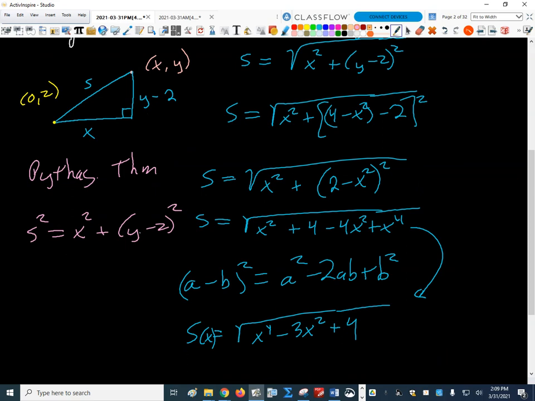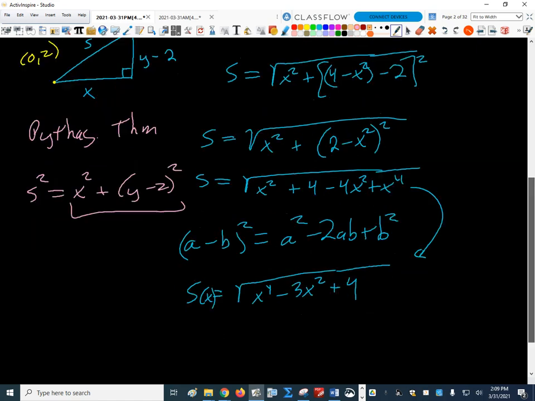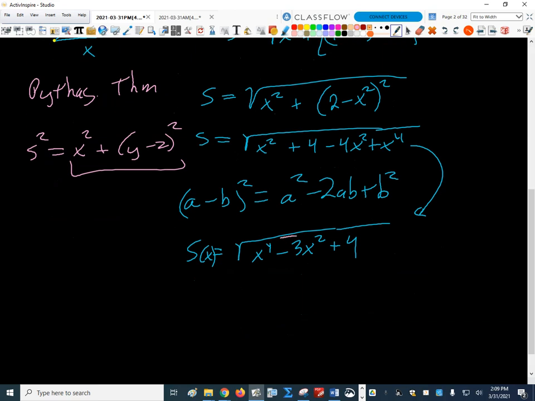Well, we already know if we plug y in, all of this stuff right here, that was just everything inside the radical, right? So that all just ends up being this. So we get s squared equals x to the fourth minus 3x squared plus 4.